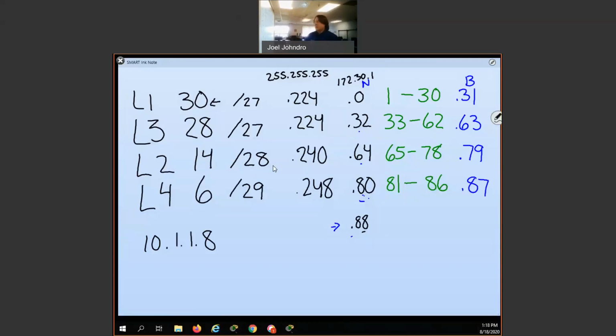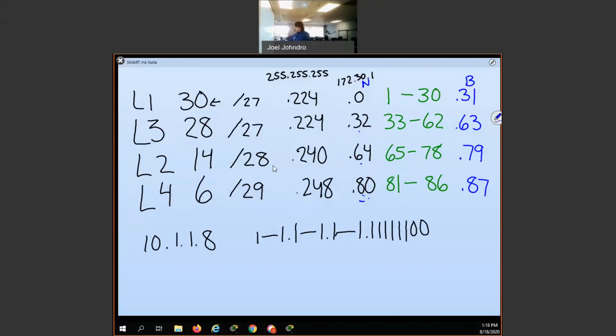So /30, let's write our binary subnet mask out here. There's 8 ones in the first octet, 8 ones in the second octet, 8 ones in the third octet, and that gives us 24, 25, 26, 27, 28, 29, 30. And then the last 2 are zeros.